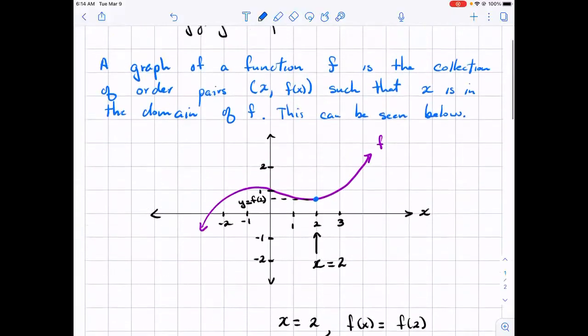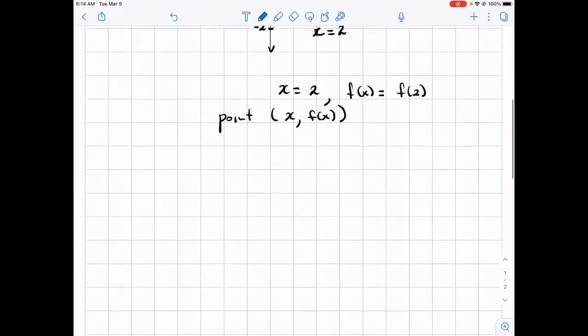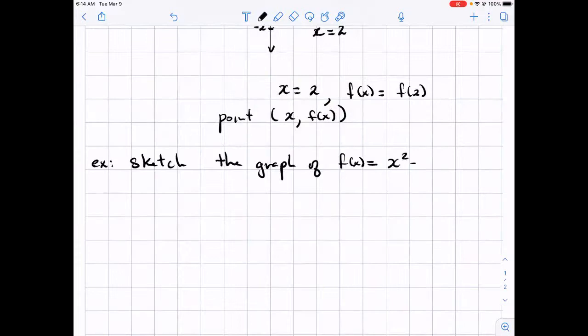So for example, if I ask you to sketch the graph of f of x equals x squared plus 1.